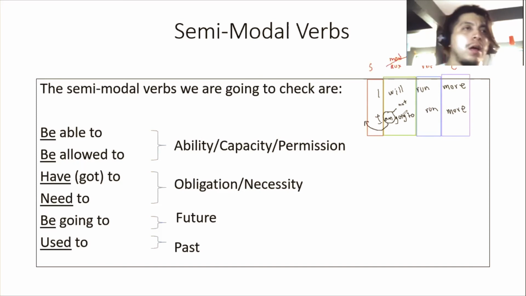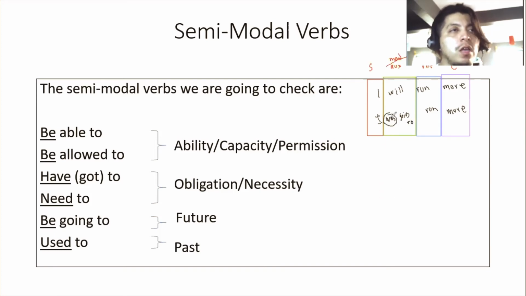The real possibility that you have with be going to is that you can change the time. Instead of saying I'm going to, you can say was going to. What happens in this case, we are not changing the meaning to the past.